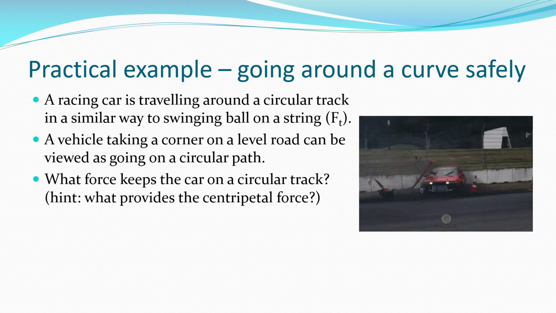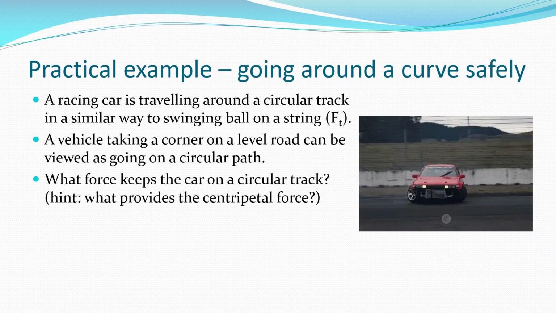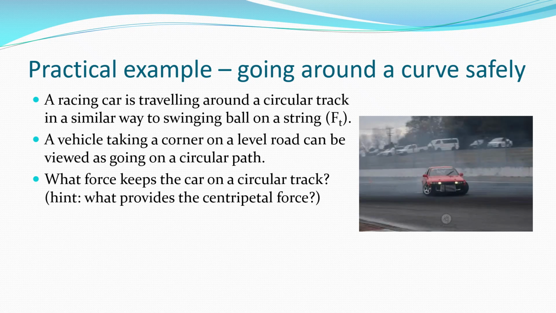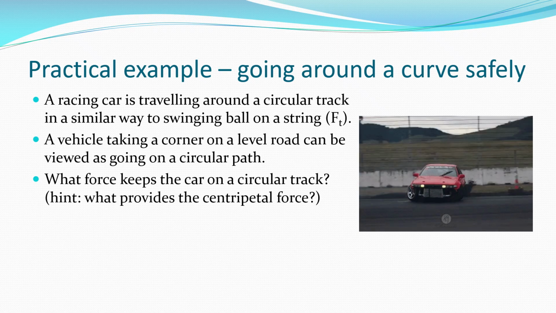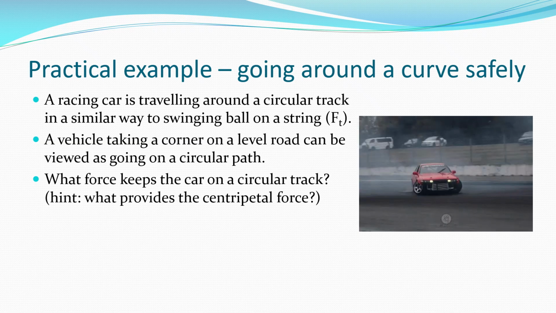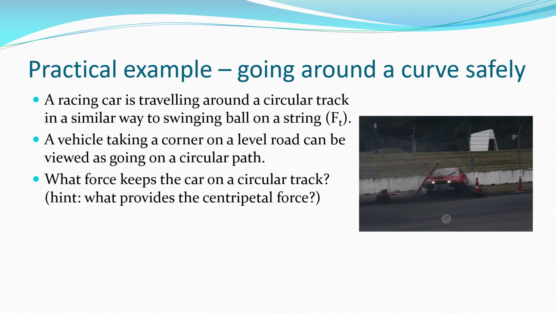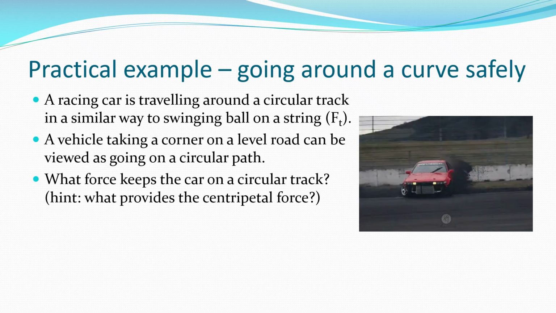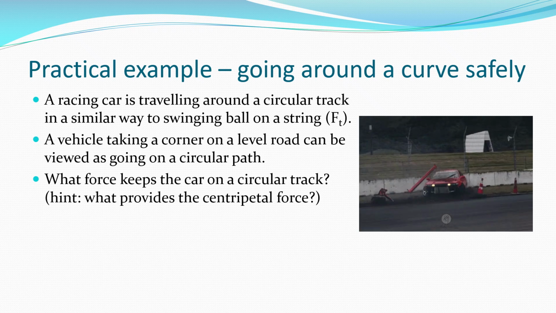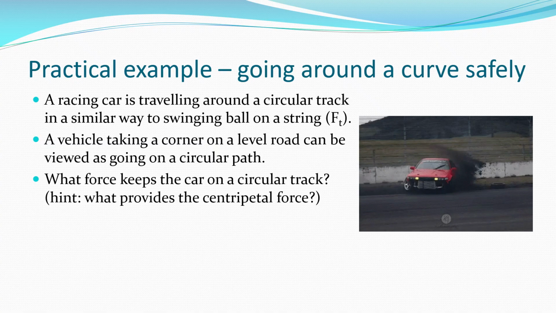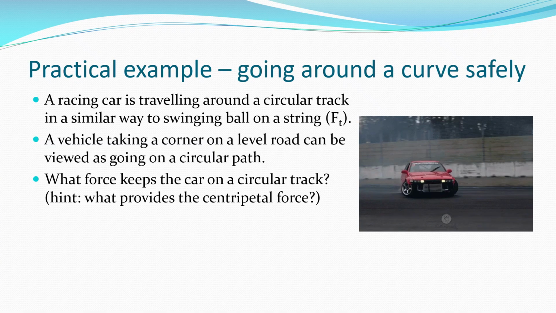Practical example. A racing car travelling around a circular track, similar to swinging a ball. Remember, when we have a ball on a string, there's tension in that string. Tension's a force. What's force measured in? Newtons. So the vehicle is going around on a level road, so basically we can consider it going around a corner on a level road. It's an example of circular motion whilst it goes around that corner, assuming the radius of the corner is not changing.